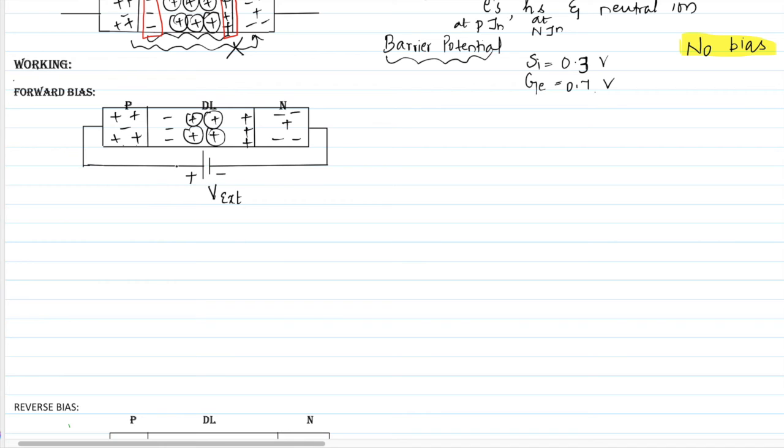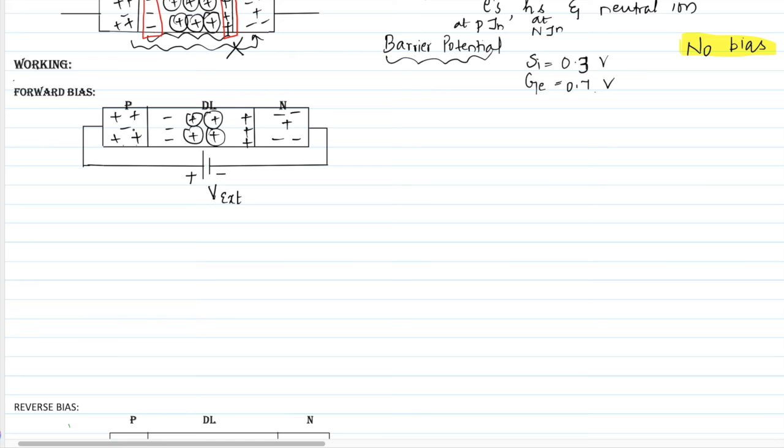In forward bias, you connect the positive of the external voltage to the P layer and the negative to the N layer. Now here also you have to apply the basic principle. The majority charge carrier is holes, that is positive, and here it is connected to positive.